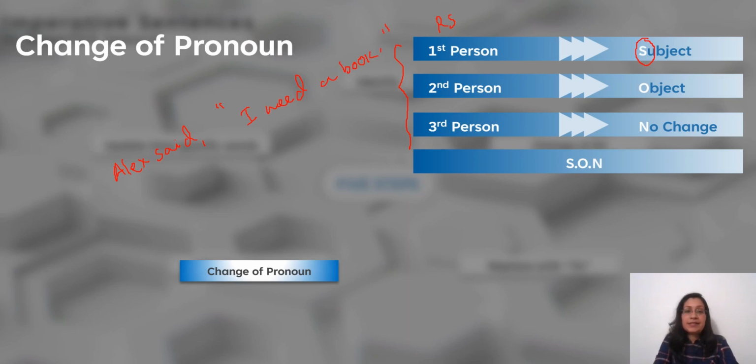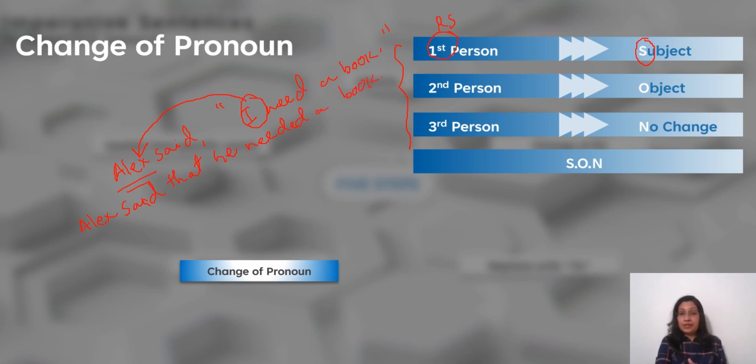In these kinds of sentences, reported speech is in first person, so you have to change the pronoun according to the subject of the reporting verb. So when we change it into Alex said that, I, first person, changes according to the subject Alex. Alex is a boy, so we use he for Alex. He needed a book.